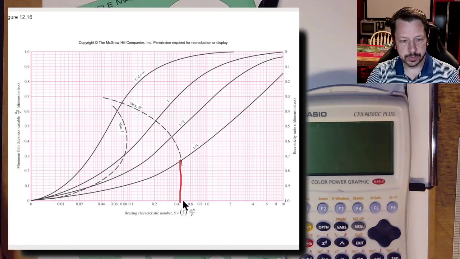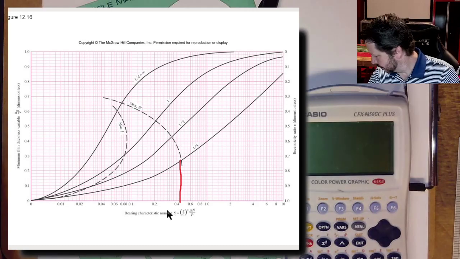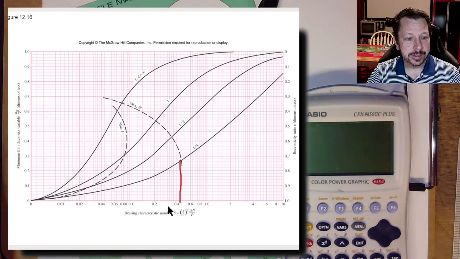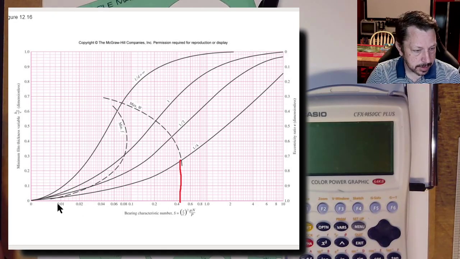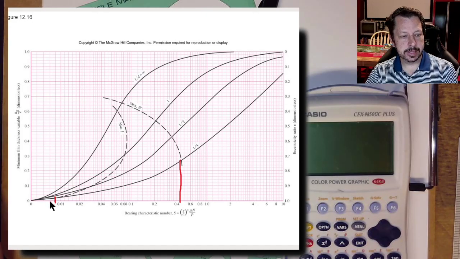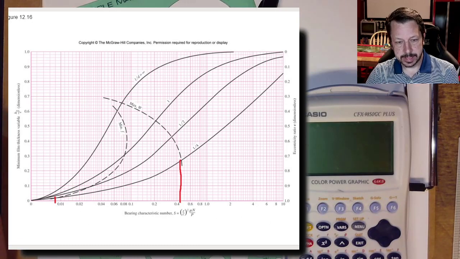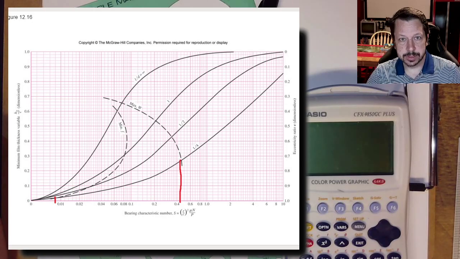These charts are kind of small in your book, so we're just going to have to stick with some approximations here. And over here, it looks like it intersects maybe right there. So we're going to read this Sommerfeld number off the x-axis, and this one, and then back out the value for C for both of those scenarios.